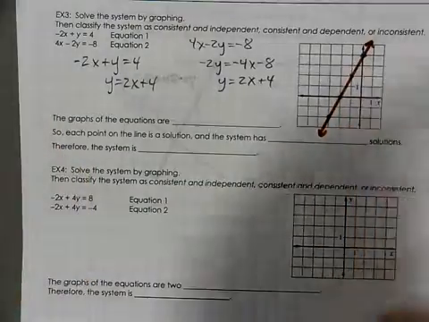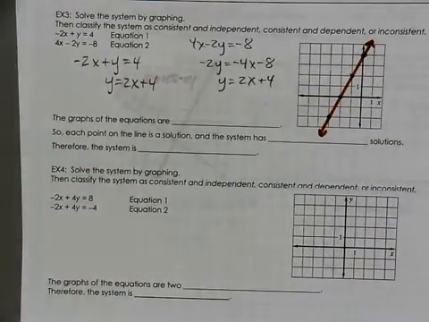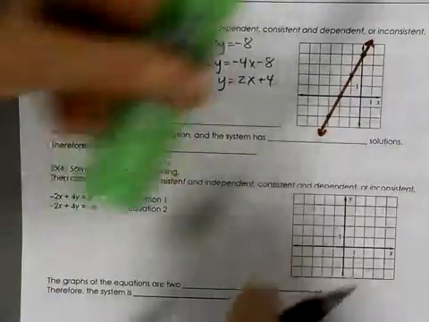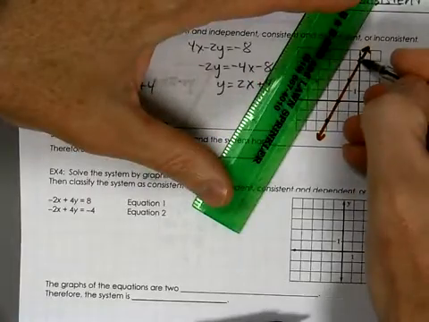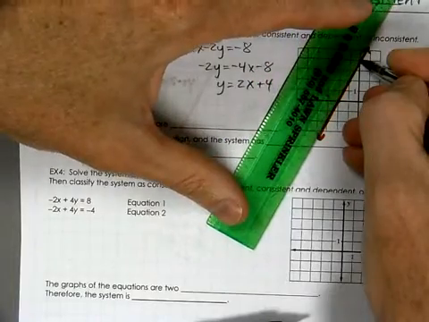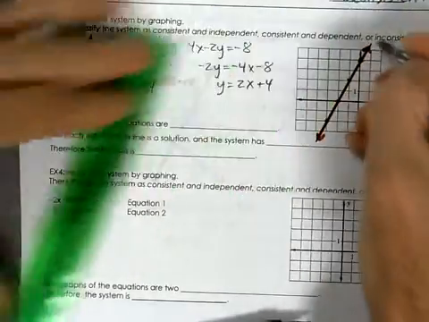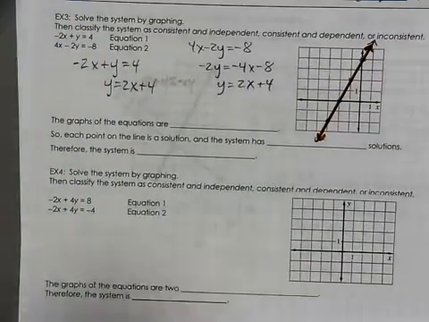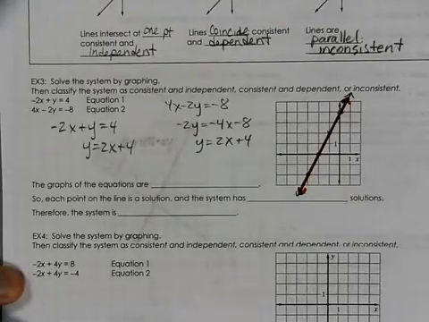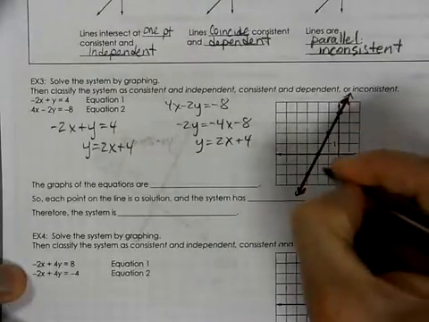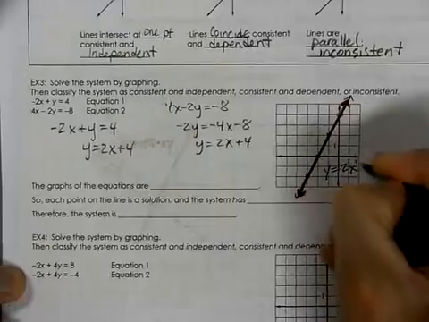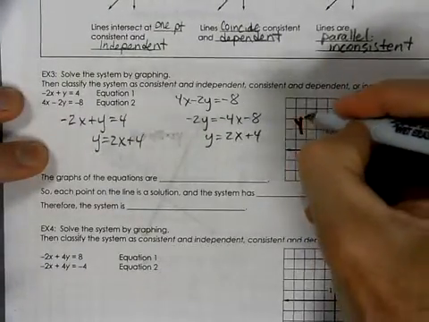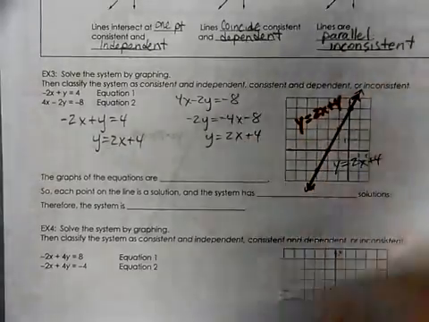We're up here at 4 with a slope of 2. So our second graph coincides with the first graph. So we'd like to write the equations. We have y equals 2x plus 4 and y equals 2x plus 4.